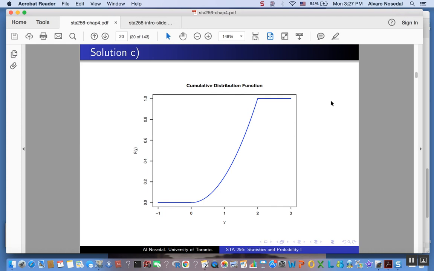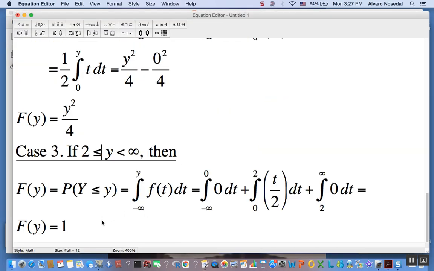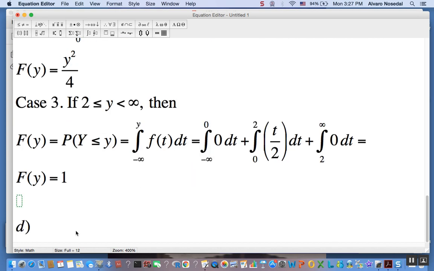Now let's go back to part D, the kind of problem that we wanted to solve. We wanted to use our CDF to find this probability here. So let's use it. Part C, done.